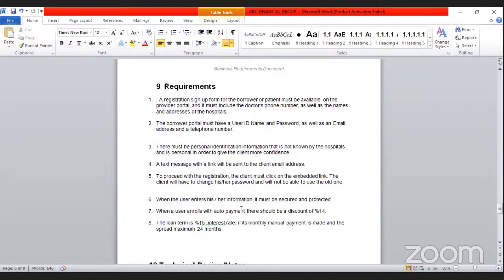I see a lot about the registration, then the borrower portal, and then the provider, the doctor also. But I actually don't see anything on the servicer portal and the lender portal at all. So as you said, you've seen those things already, and you can add them. That's it for me.